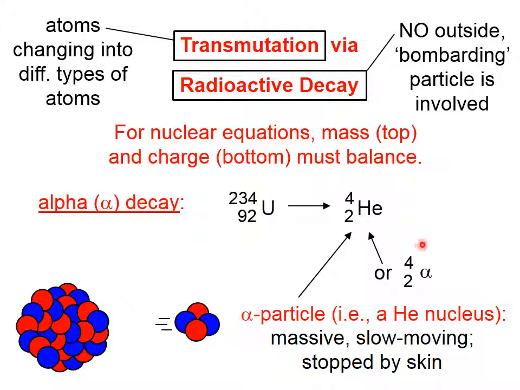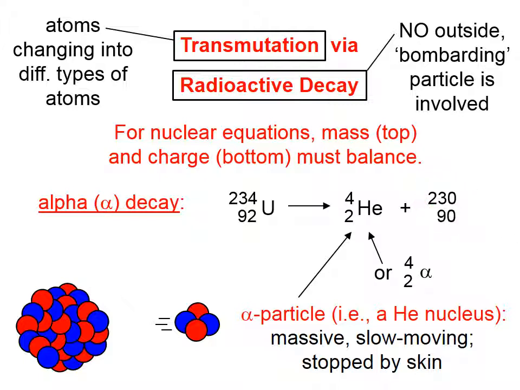Sometimes it's written 4 over 2 with this little alpha, sometimes it's written He. They're equivalent. What's left? The mass has to balance on each side, on top, and the charge has to balance also. So the mass that's left is 230, because on the left we have 234 for the mass, which equals 4 plus what, so that's clearly 230.